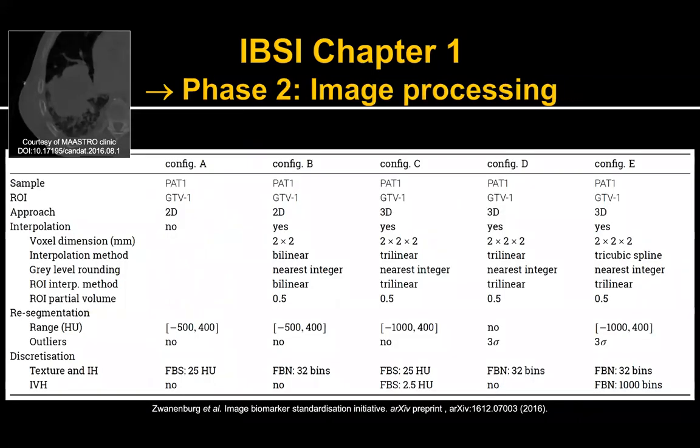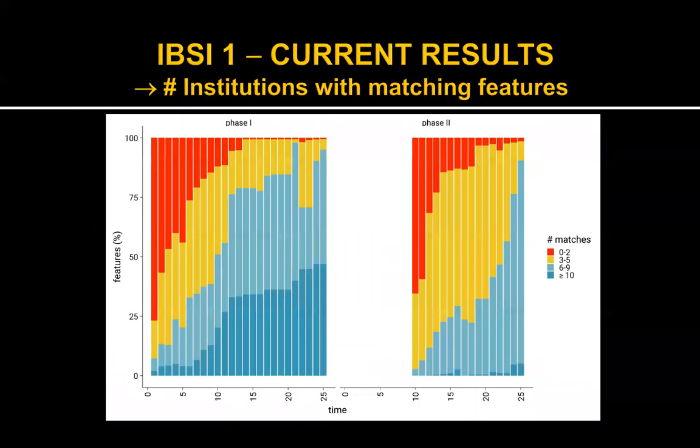Then, once this process was done, we defined different configurations for image processing. Now that we're confident that the feature calculation was benchmarked and done properly, we went further ahead and defined different interpolation procedures, different resegmentation ranges, different ways of doing discretization for the same image, a CT image of a lung patient. So that was phase 2 of IBSI chapter 1.